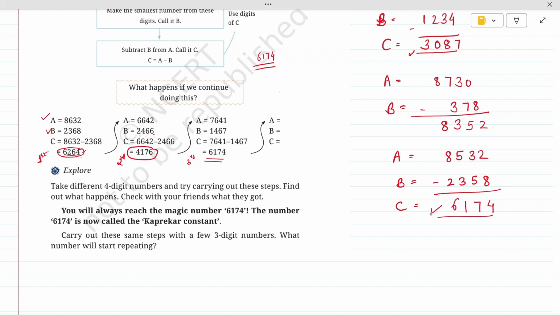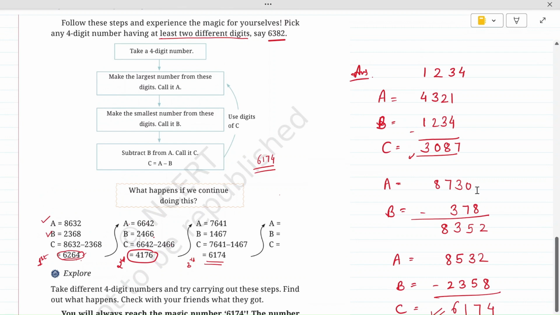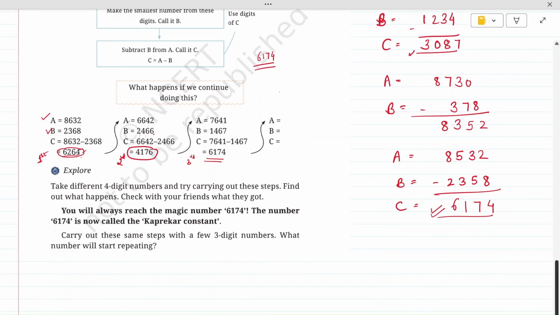So we get 6174, and this is the Kaprekar constant. So we have repeated the same process. We took the number 1234, found the largest and the smallest of it and the difference, which was not the Kaprekar constant, and we repeated the process 3 times, and finally we got the Kaprekar constant. So this is what we were intending to do in this question.